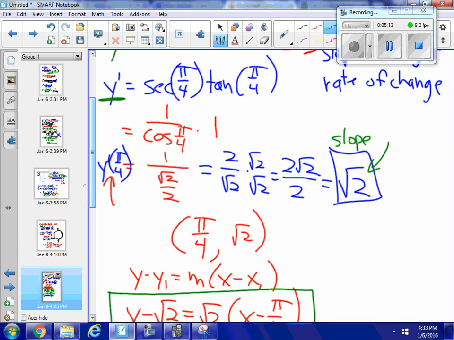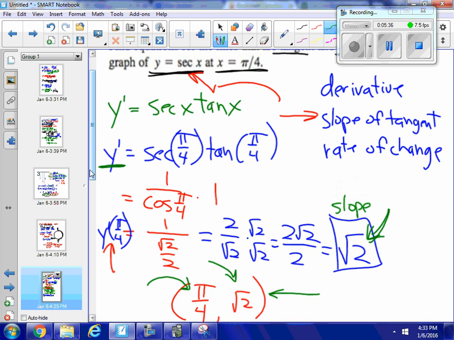And then I kind of jumped to this being the point that I was looking for. I want to make sure I'm not confusing you. This is the slope right here; we calculated the slope. But I also needed to find the y value of the point when x is equal to pi over 4. It's somewhat coincidental that it's the same, because this is our function, secant x.